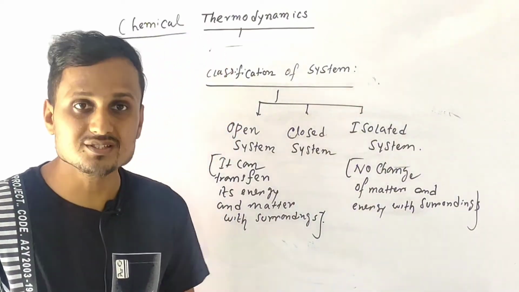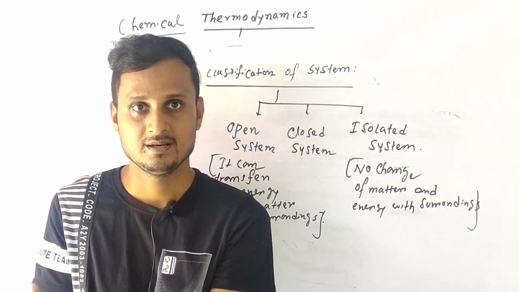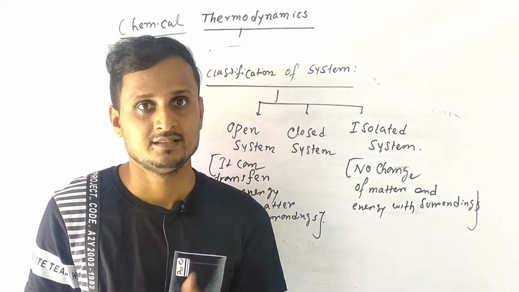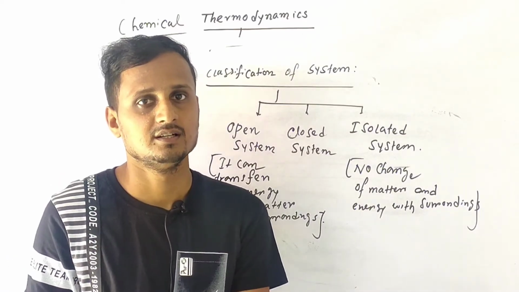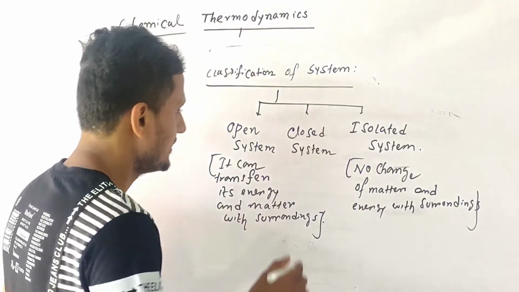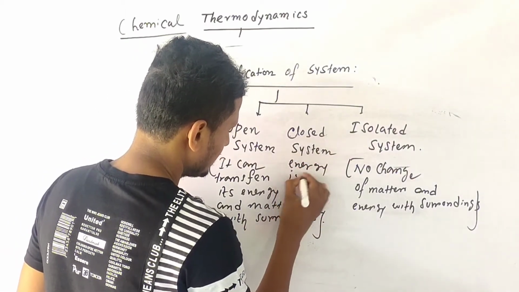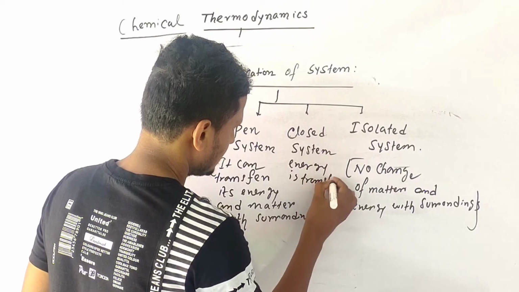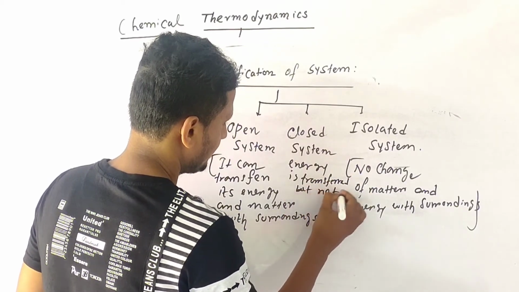Okay, now what is closed system? In the case of closed system, the system can transfer its energy with the surroundings but not the matter. Okay, so energy can be transferred but not matter.